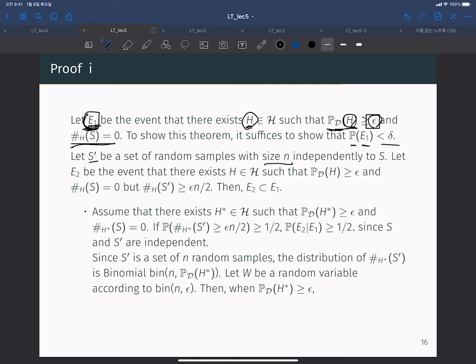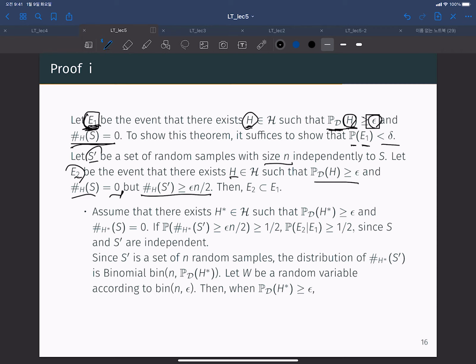So another n independent random samples, and let the E2 event be the event that there exists some hypothesis such that the error rate is greater than epsilon, and the number of elements of S in the hypothesis H is equal to 0. Up to now, this is exactly the E1 event, but we have an additional condition for the E2 event.